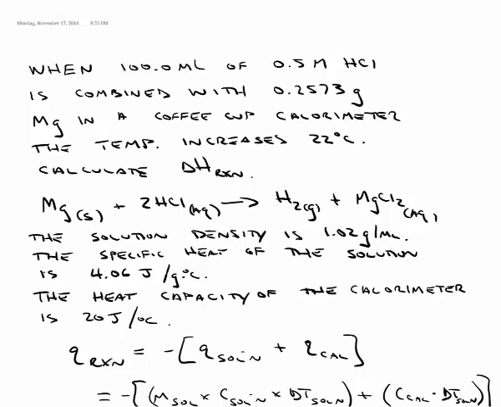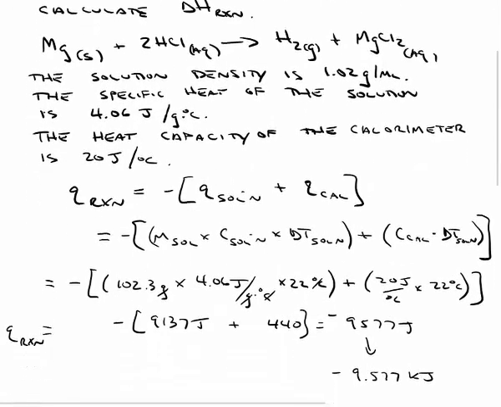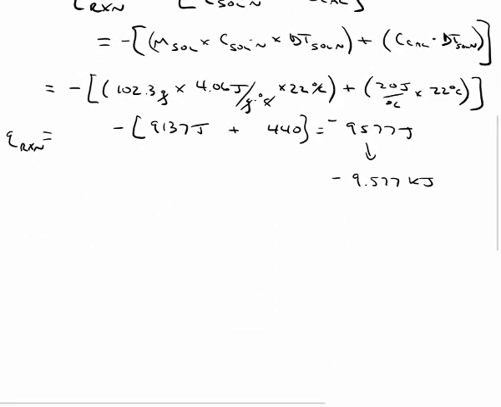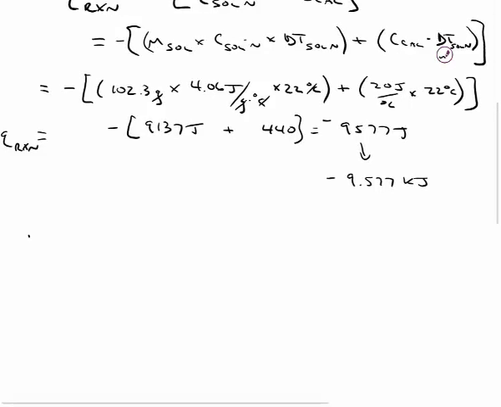So we have two reactants and we have ways to get into moles. Therefore, this is a limiting reactant problem. One of them will run out first, and we can start doing these calculations now. Taking a look at the magnesium, we have 0.2573 grams of magnesium to start with.